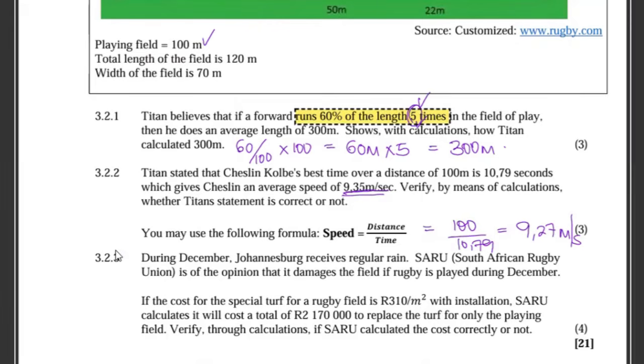So is it right or not? It becomes what? Incorrect. It's not valid. It's incorrect, because the answer has changed. Look, he claims 9.35. Then we have 9.27. So it does not work out.